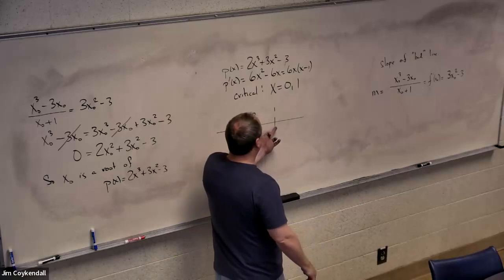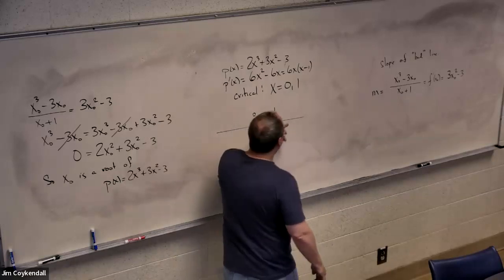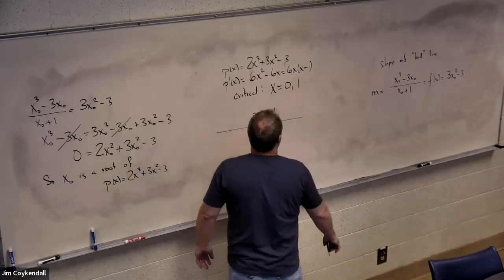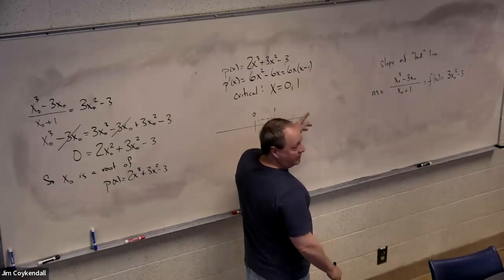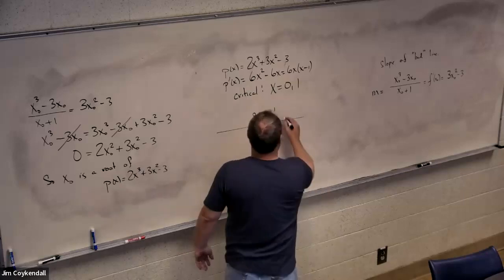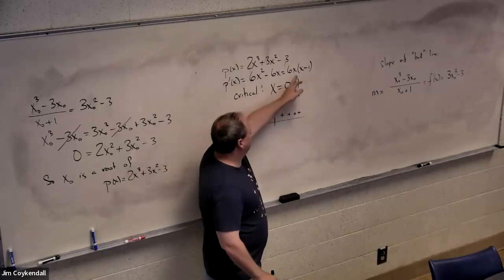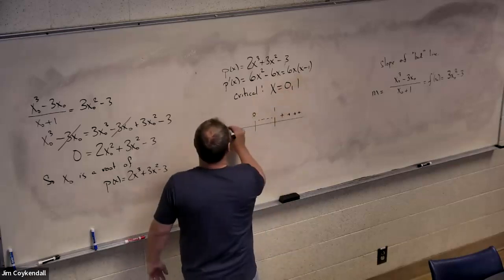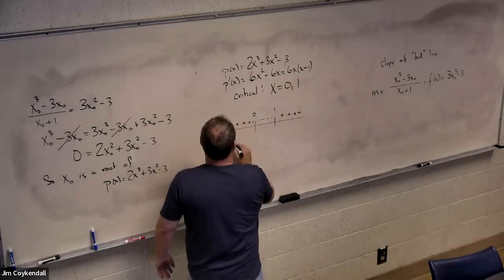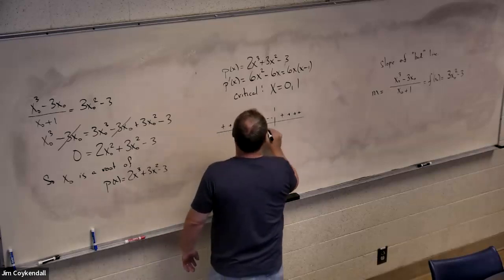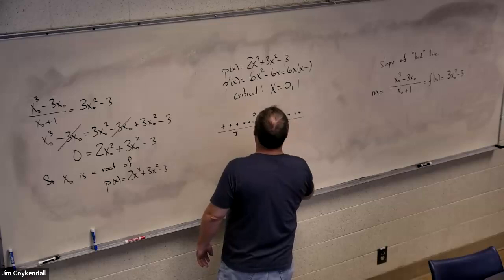What happens when you're between -1 and 0? Something like negative a half, P prime is negative. What happens if you're beyond 0, say 1, positive. What happens if you're less than -1, positive. So P is increasing, decreasing, increasing.